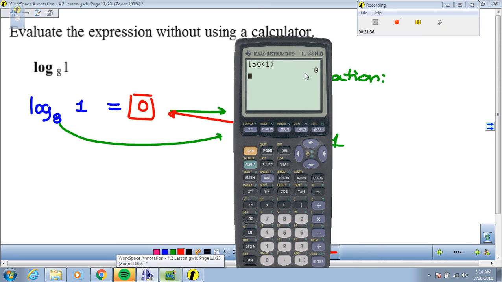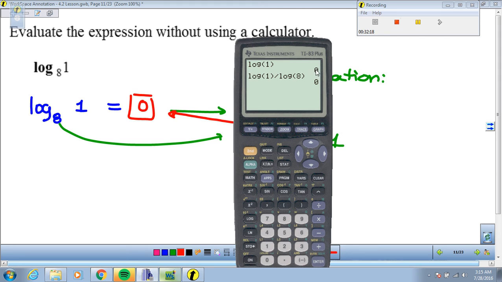So there's something that is going to come later that is called the change of base formula. Still it gave me an answer of 0, but that's not really the right thing. It's a coincidence that I put log of 1 and it gave me a 0, okay?